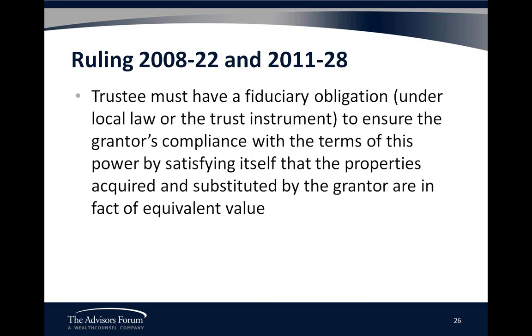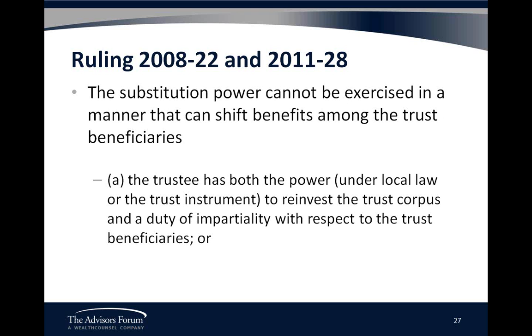So what did 2008-22 and 2011-28 say? Well, it says the trustee must have a fiduciary obligation, either under the trust instrument or local law, to make sure that the grantor's compliance with the terms of the power by satisfying itself that the properties acquired and substituted are the same value. So guess what we put in our trust? We put that language in there. The substitution power cannot be exercised in a manner that can shift benefits among the trust beneficiaries.